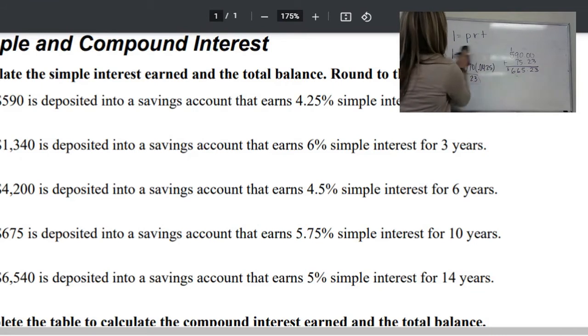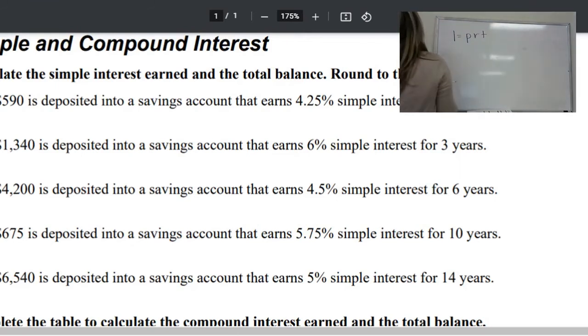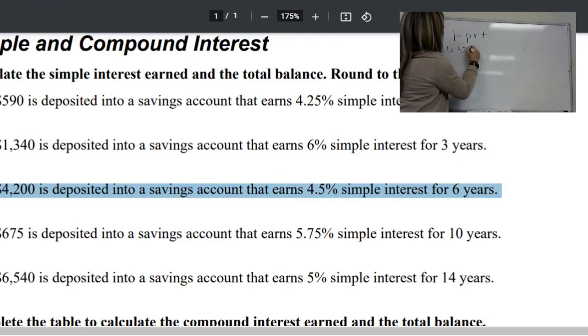I feel like that would be a little easier to do. Number 3: $4,200 is deposited in a savings account that earns 4.5% simple interest for 6 years. So the principal is $4,200.